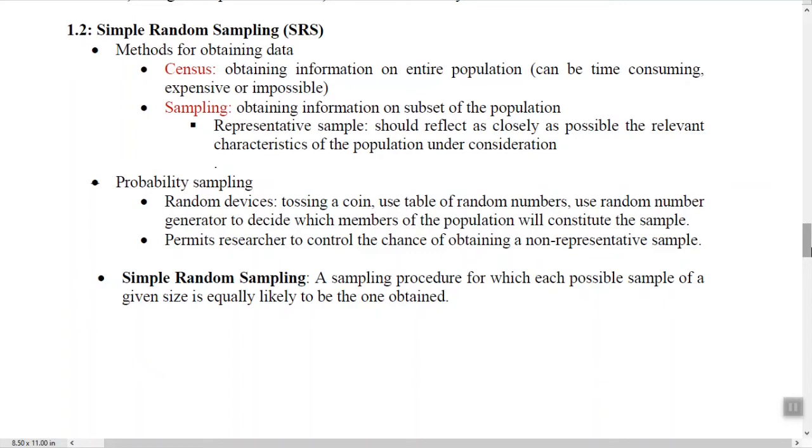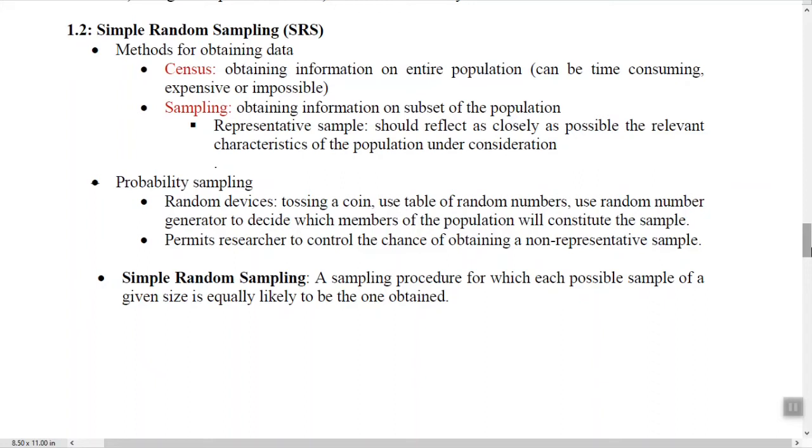We can select our sample under probability sampling. These days, we don't use a random number table. We just use a random number generator, because we have mobile phones and laptops, so we can simply generate a random number and take our decision.